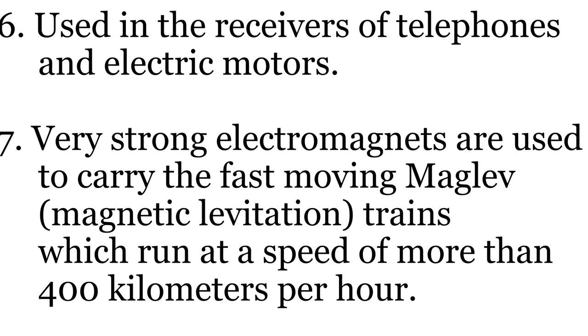Here, the term maglev is derived from magnetic levitation trains. You will be amazed to know that these trains run at a speed of more than 400 kilometers per hour.